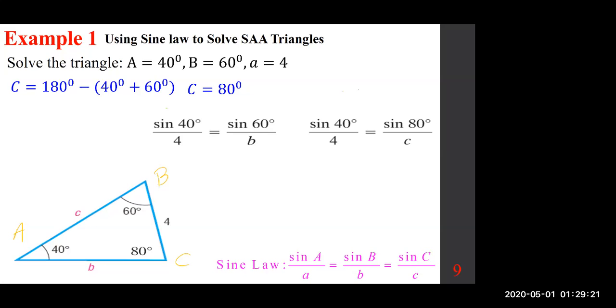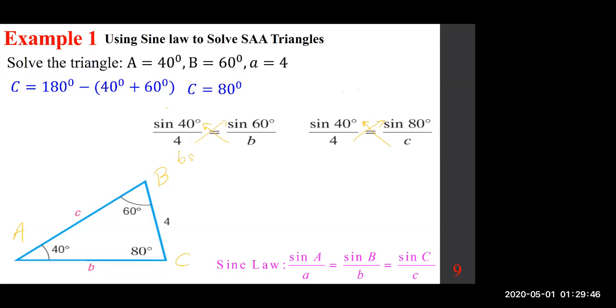So in both cases now, cross product, we'll find the missing side. I don't think it's going to be a problem. So, for example, in the case of B, you have B times sine 40 equals 4 times sine 60, just again as an example.